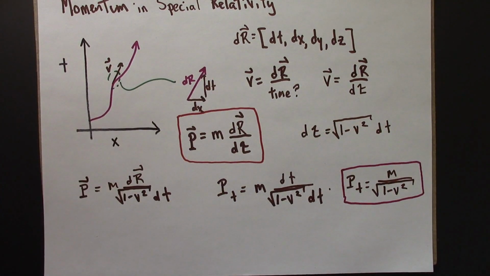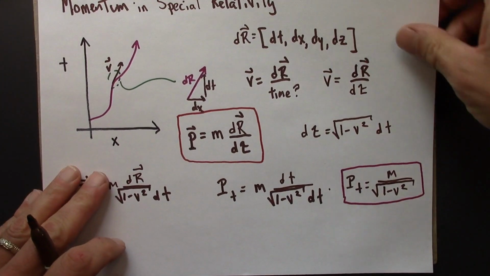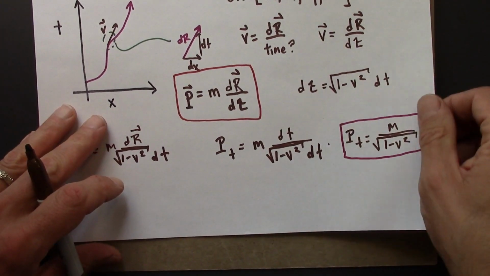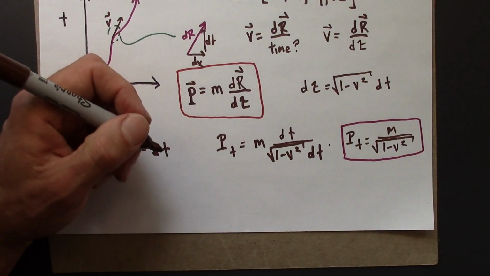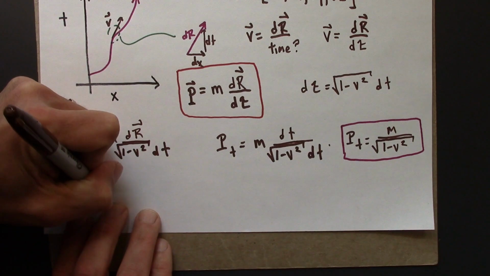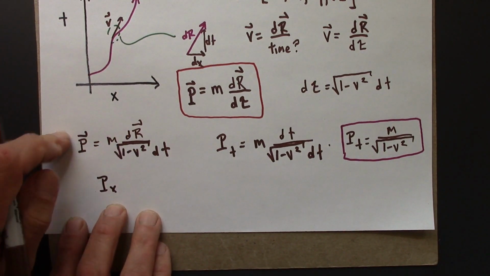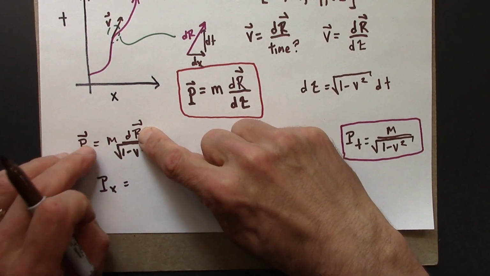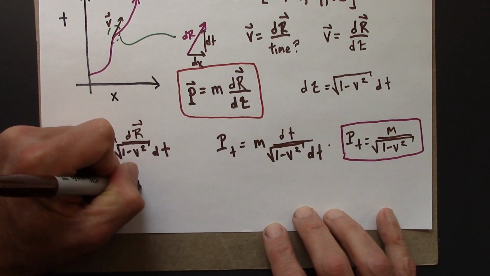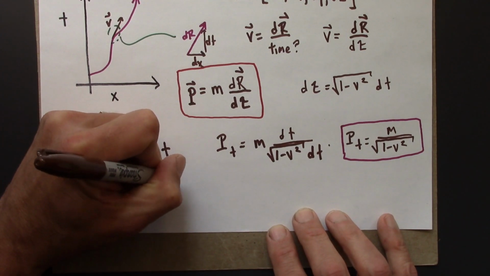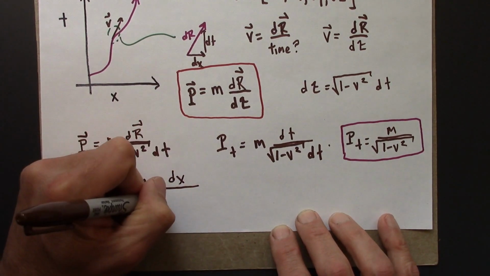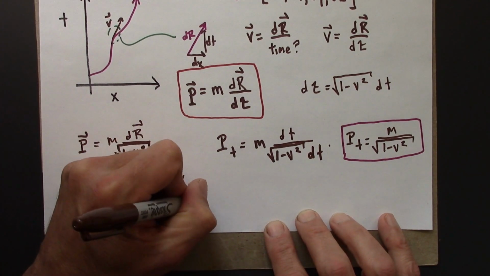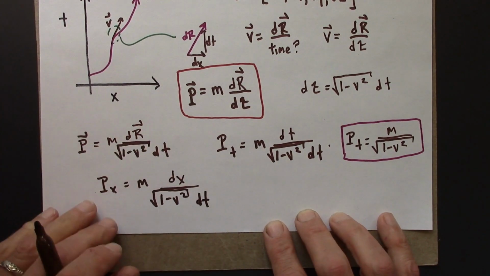Sorry about that. And we can do a similar thing for x, y, z. I'm going to write it out just for x because we're not going to use y and z too much, but it looks the same. All right, so the x part of this 4 momentum, I just take the x part of this 4 displacement, this displacement in space-time. It's going to be m dx over the square root of 1 minus v squared, dt.